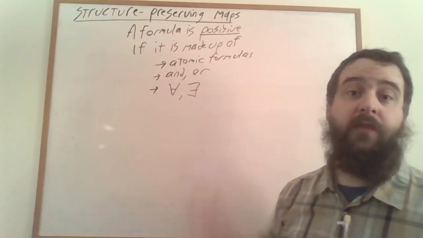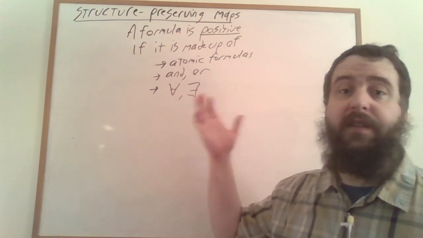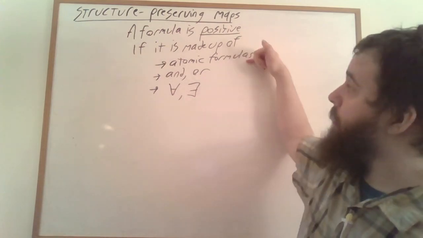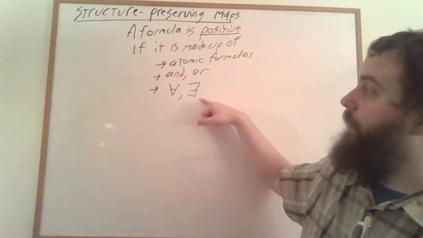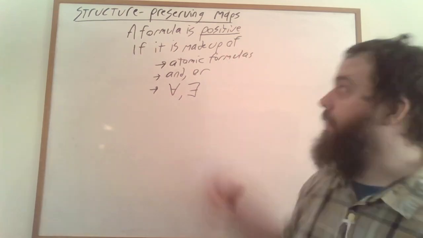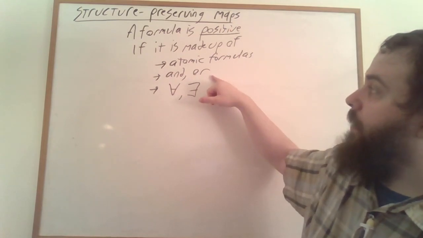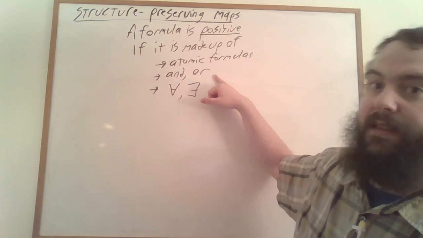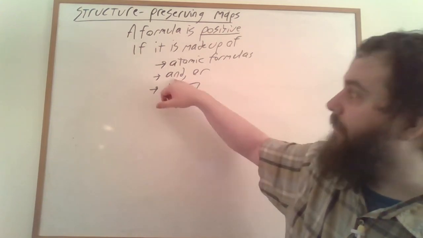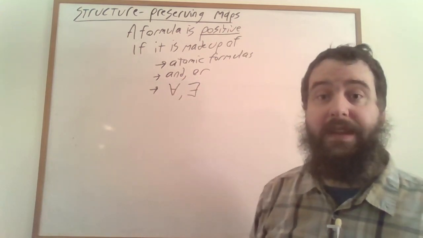We say that a formula is positive if it is made up out of atomic formulas and or, and the quantifiers for all and there exists. Specifically, we're missing out on not and implies, and I guess if and only if. We just have and or for our Boolean connectives.